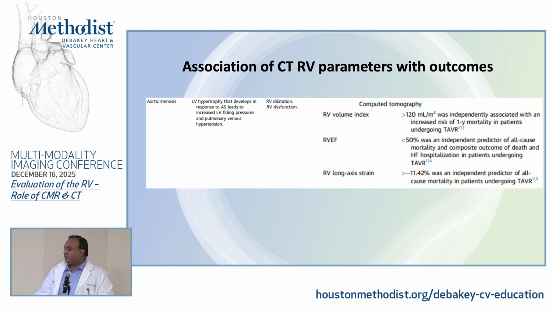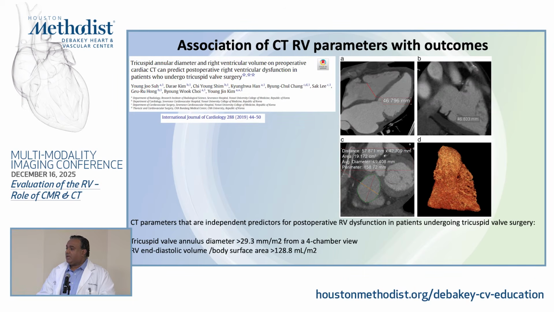From one paper, RV volume index as assessed by CT of greater than 120 mL per meter squared was independently associated with an increased risk of 1-year mortality in TAVR patients. Similarly, RV ejection fraction assessed by CT less than 50% was an indicator. And there is a way, if you have the appropriate software, to perform long axis strain for the RV free wall, and values below a certain threshold are also suggestive of worse outcomes.